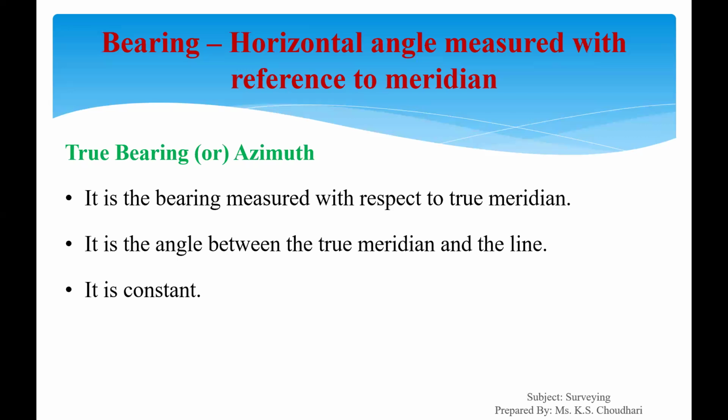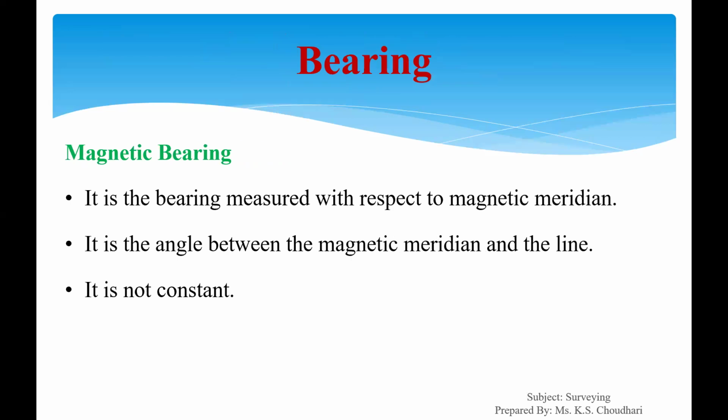Now, bearing. The horizontal angle with reference to the meridian is called bearing. Now, true bearing or azimuth. It is the bearing measured with respect to the true meridian. It is the angle between the true meridian and the line, and it is constant. Magnetic bearing.